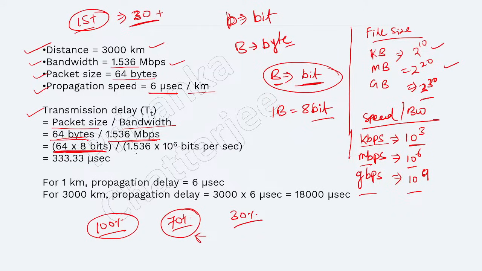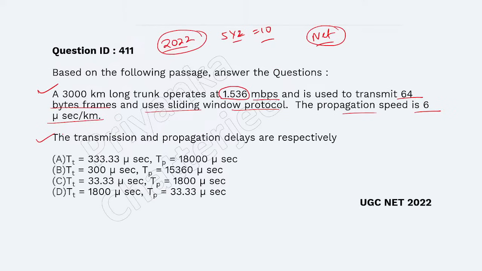And these Mbps we have to convert in bit per second by multiplying 10 to the power 6. After that, the calculation is also very important, and here you can apply a trick. What is the trick you can apply? You can see here that actually this 333.33 is not required.